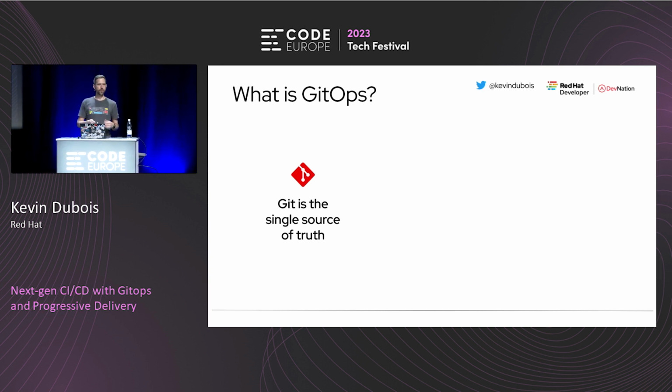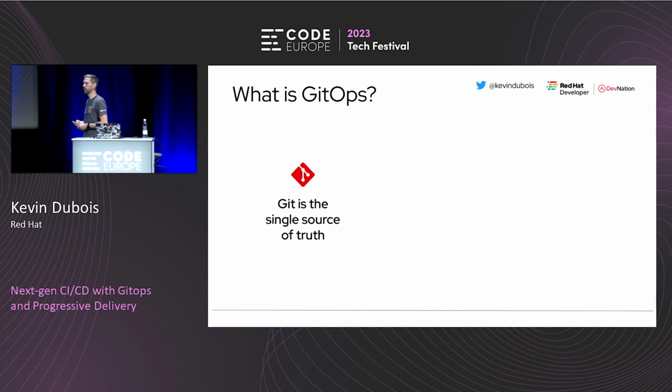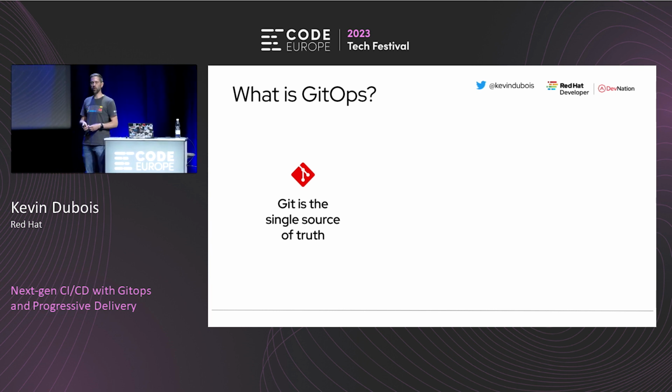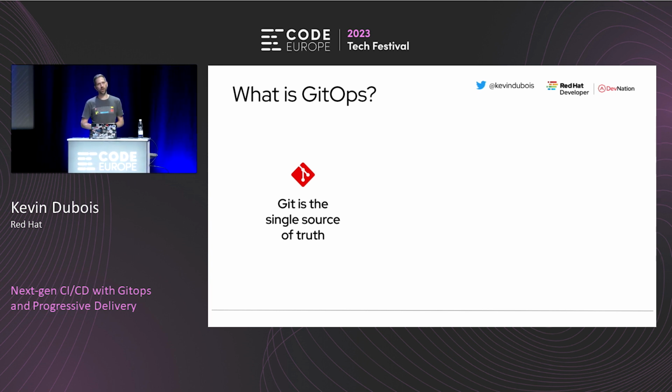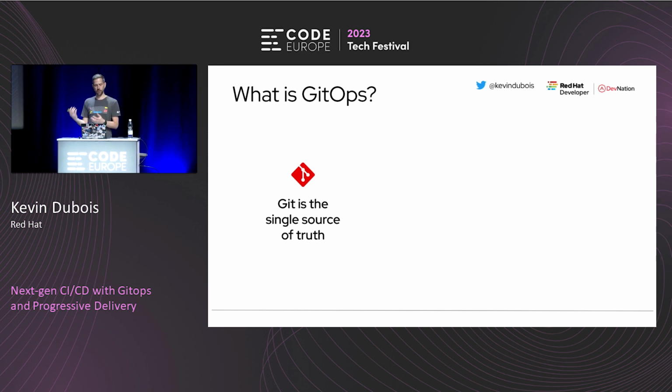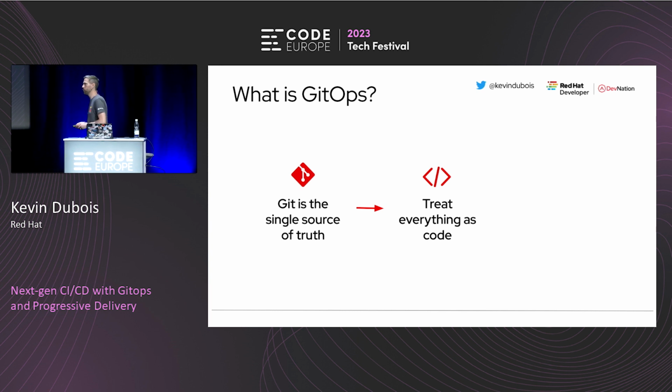Then when your source manifests change, it automatically changes what's in your cluster. So it's going to automatically update your cluster to match what you have defined in your manifests.